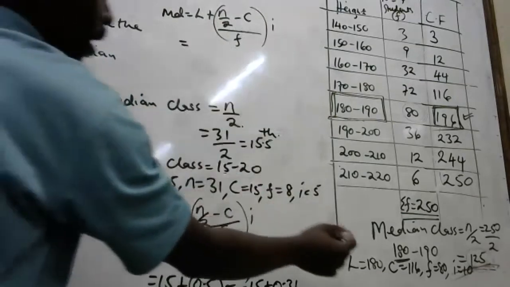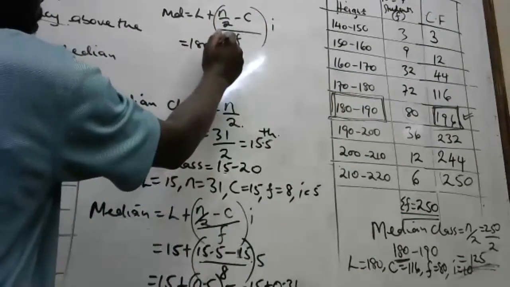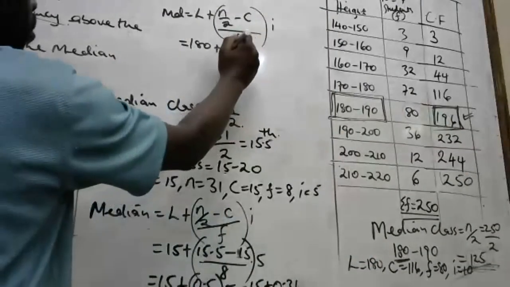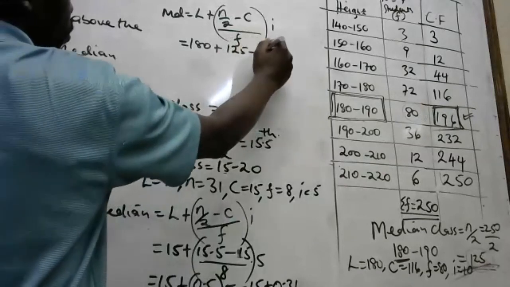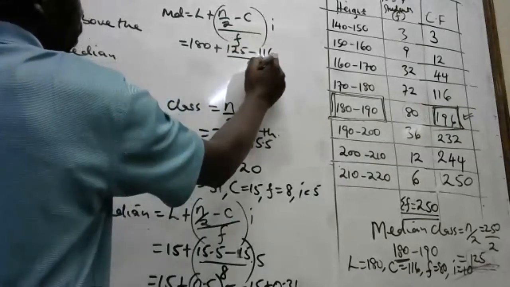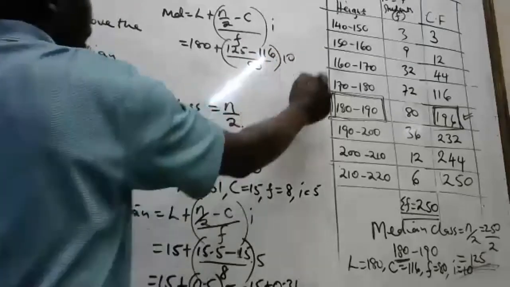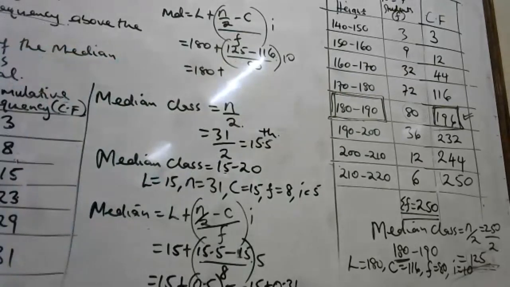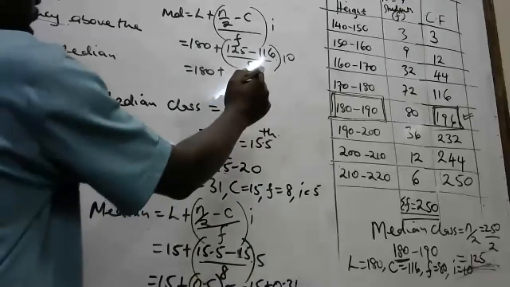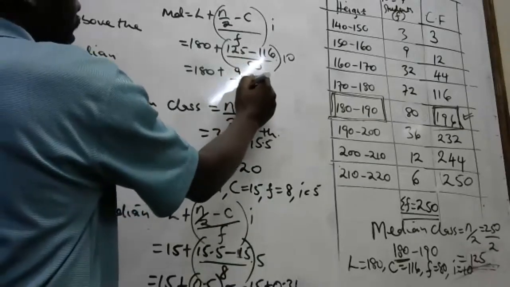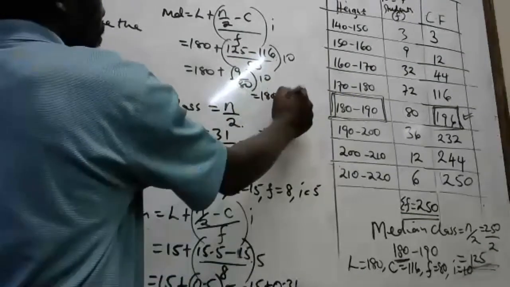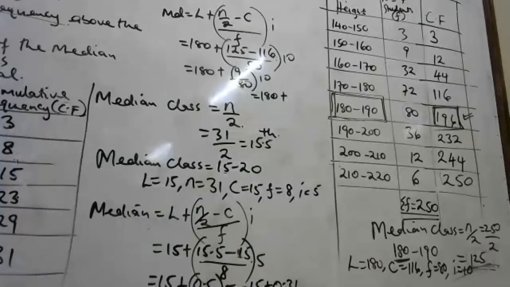In this case, our R is 180 plus n over 2. We calculated that as 250 over 2 and found it to be 125, minus C, which is 116, over F, which is 80, times I, which is 10. You find that this is 180 plus 125 minus 116, that is 9, over 80 times 10, which is 180 plus 9 divided by 80 times 10.